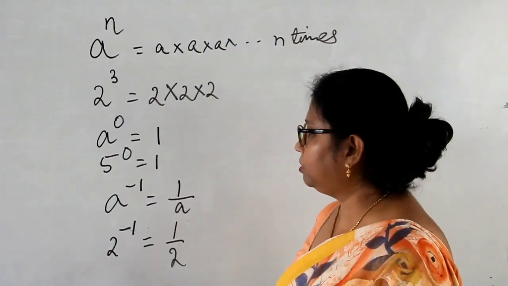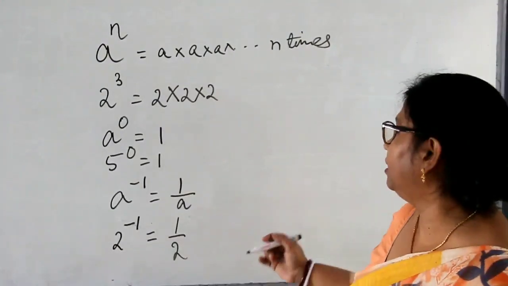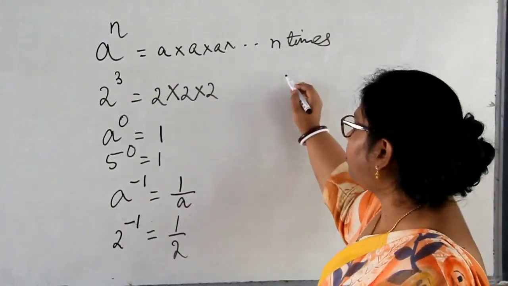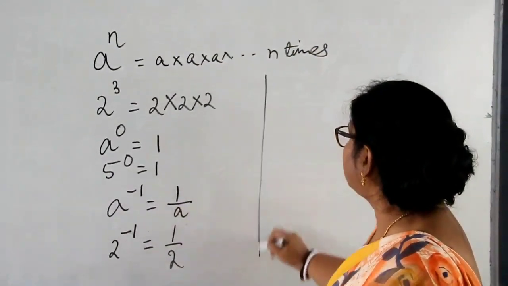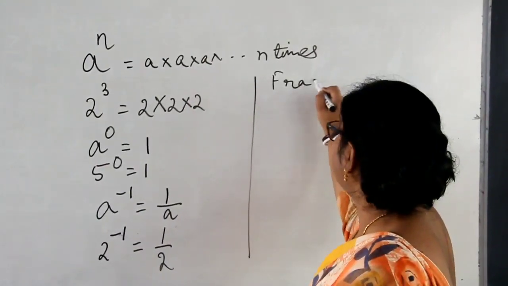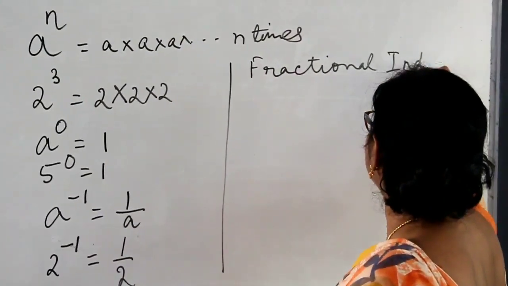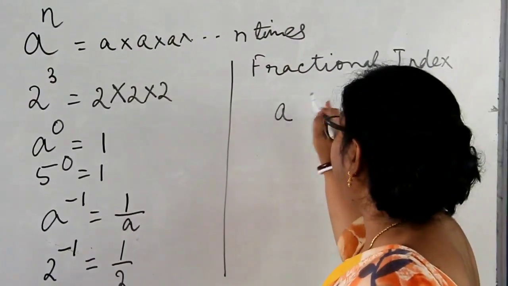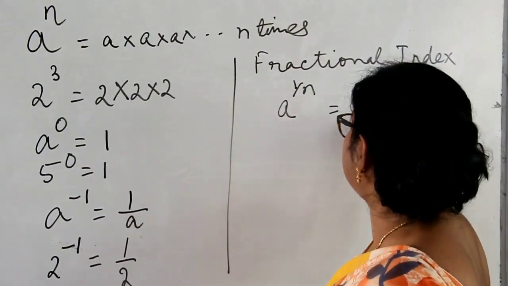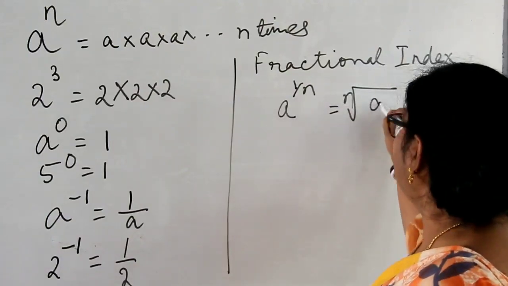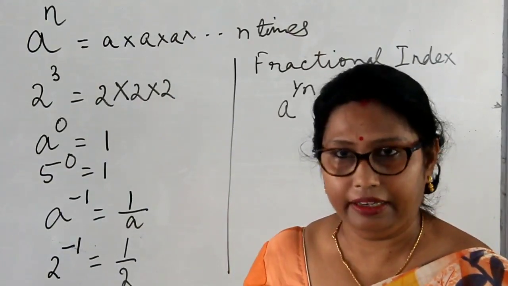Now we are going to take the fractional index, where the index will be a fraction. So this is a to the power 1 by n, which is nothing but the nth root of a.